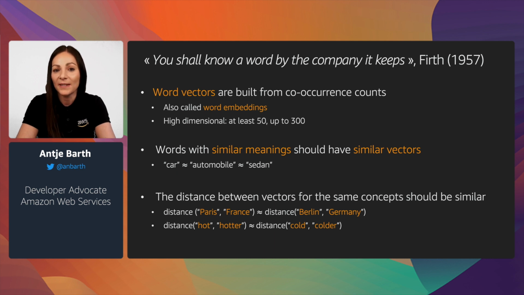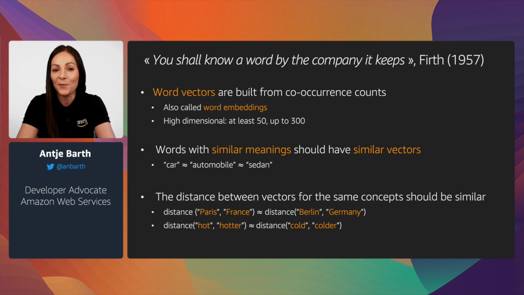Having words encoded in vectors gives us a couple of features. We can encode semantics, so we can find words with similar meanings because they should have similar vectors. For example, car should have a similar vector as automobile or sedan. Also, working with vectors, we can calculate distances.